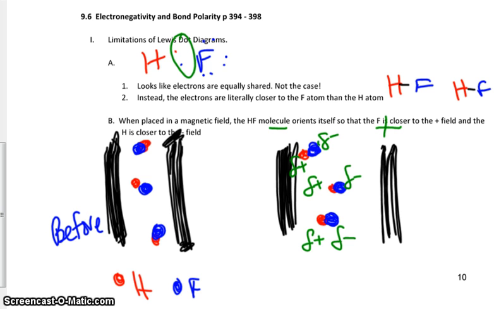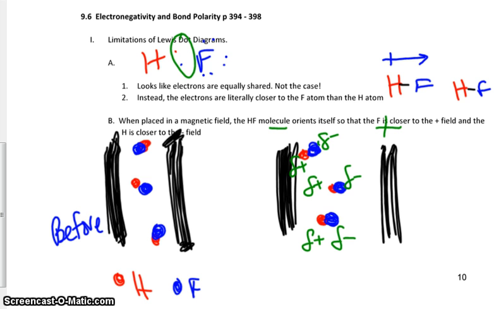We have two ways of showing this. The first way has the arrow going to the more electron-loving element. The little dash there shows you it's going from one direction to the other.